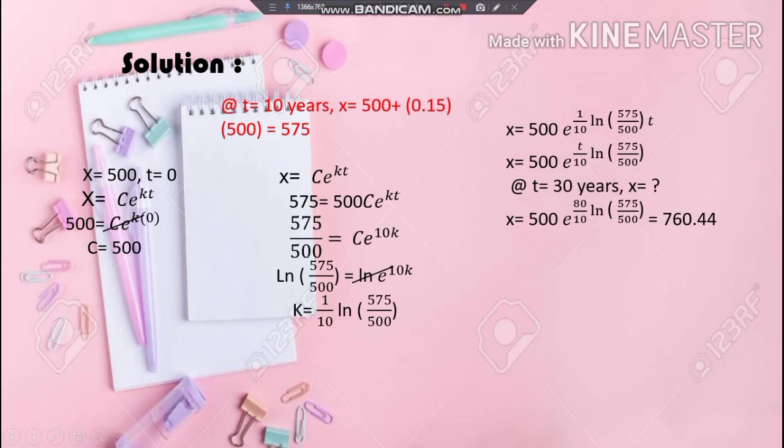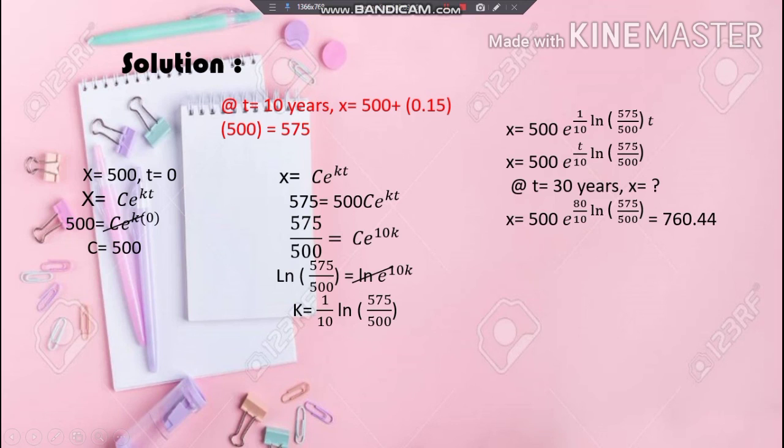So let's move forward here. So our x now is 500 e raised to 1 over 10 ln of 575 over 500 times t, or the time. So x is equal to 500 e raised to t over 10 ln of 575 over 500.